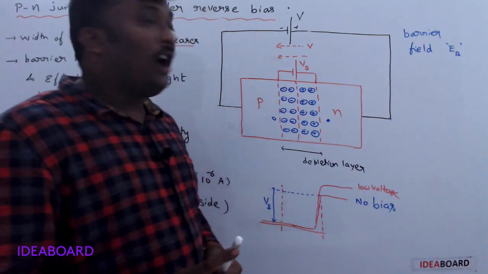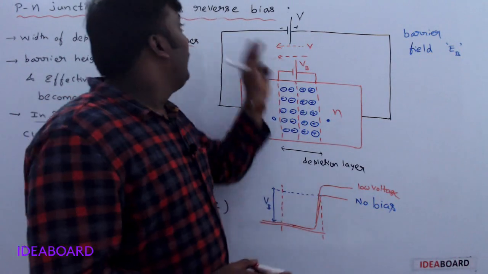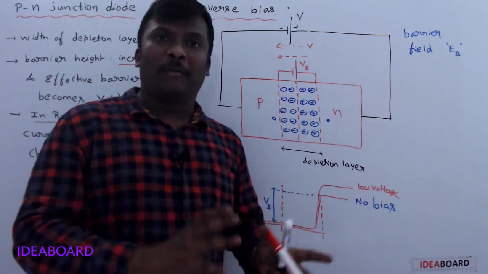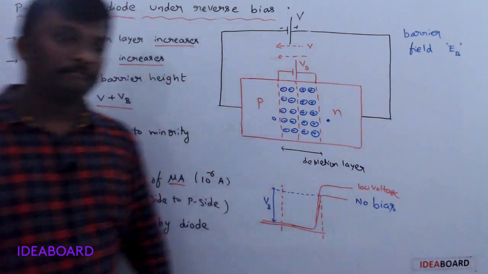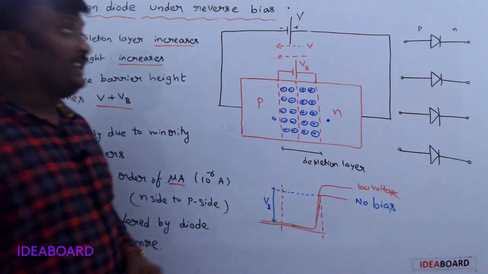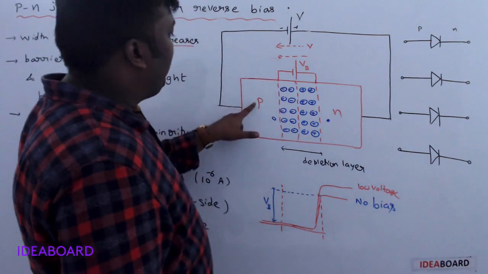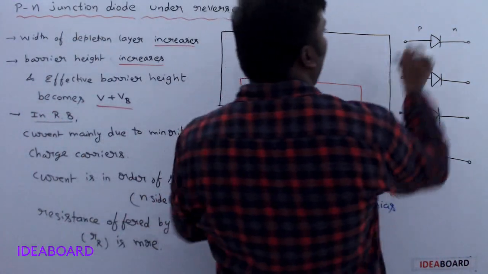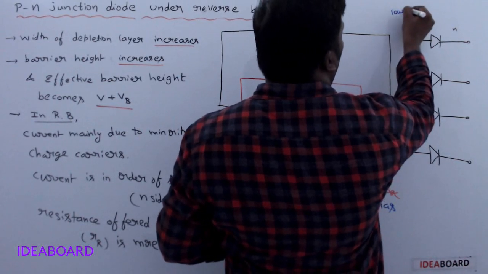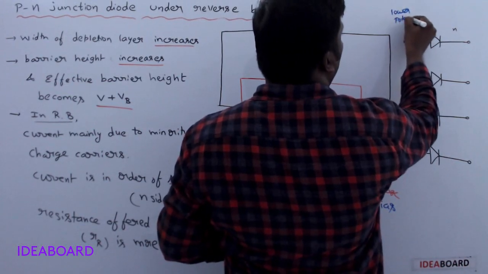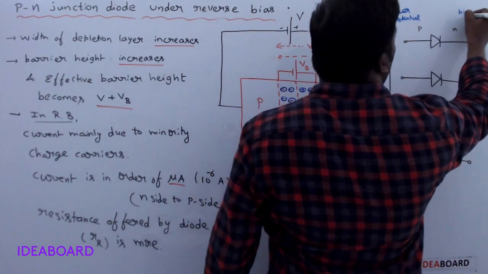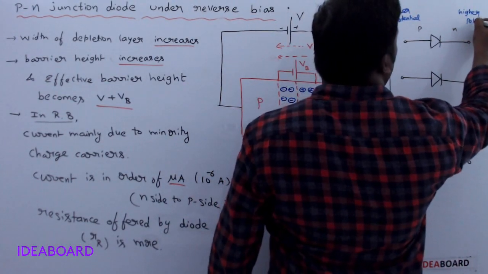Clear? Now, from an objective point of view, how can you identify whether the diode is in forward bias or in reverse bias? See, in reverse bias, the P side is at lower potential and the N side is at higher potential.